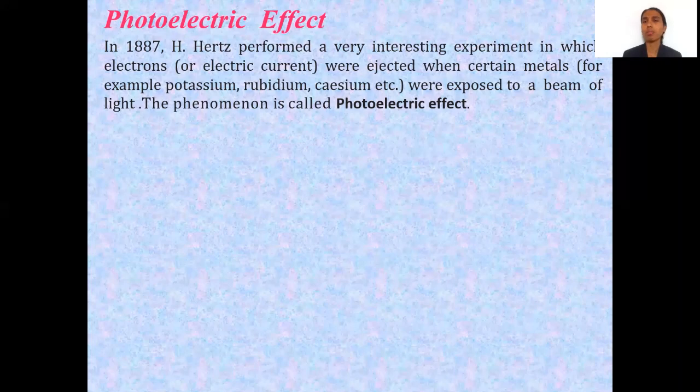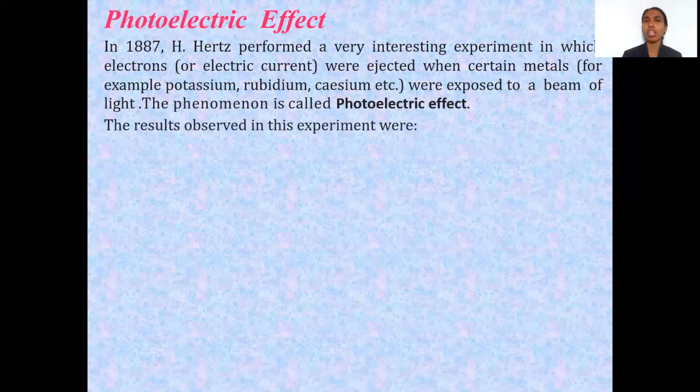When the metal surface is exposed to a beam of light, some electrons are ejected from that surface.